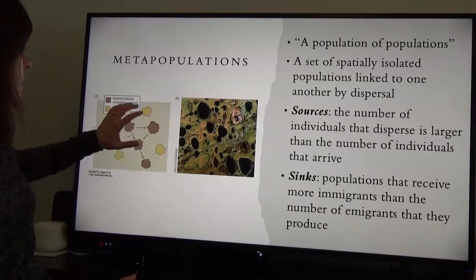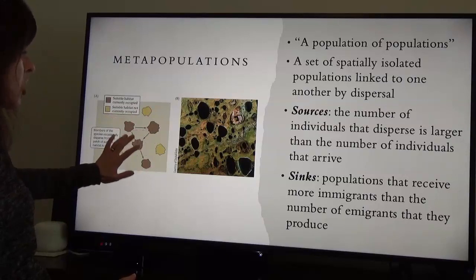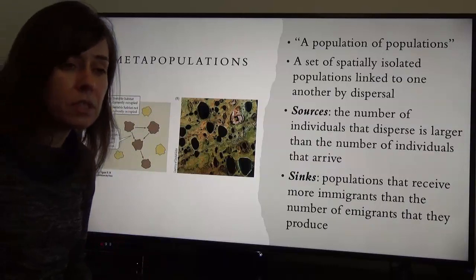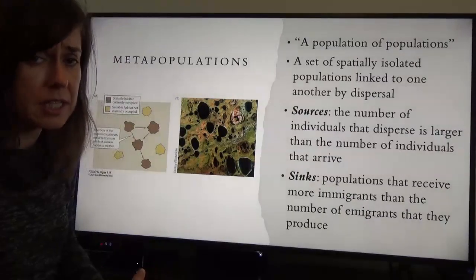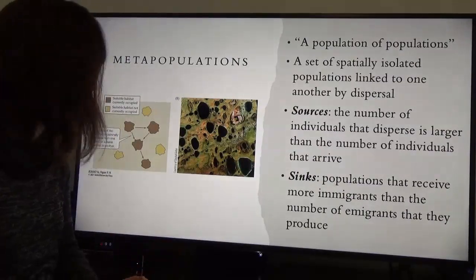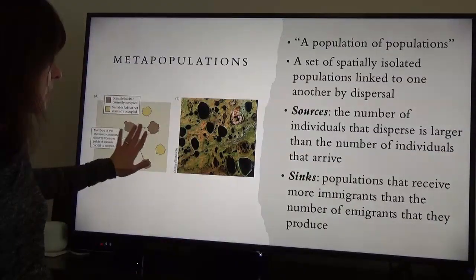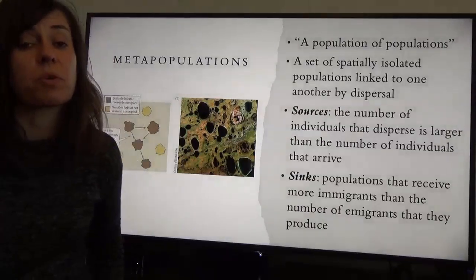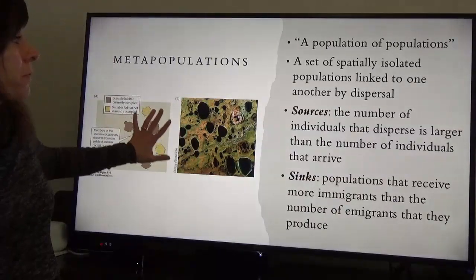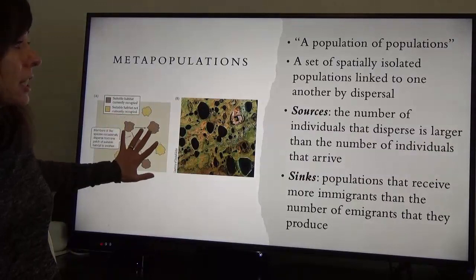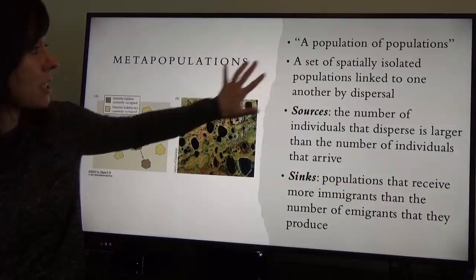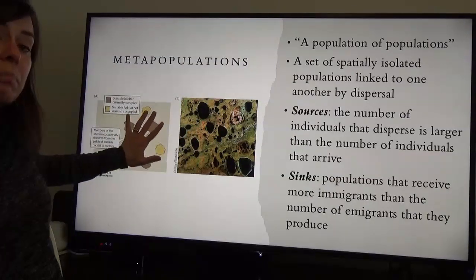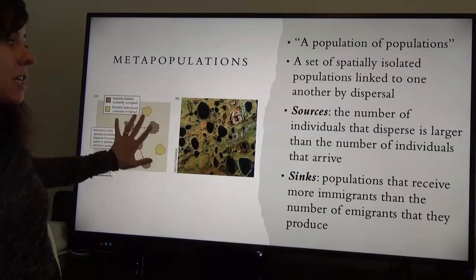And so movement of individuals from one patch to another can lead to colonization of suitable habitat that's not already occupied, or it can support the maintenance of populations that are occupied by moving individuals from one area to another. So this is what we refer to as metapopulation dynamics, or a population of populations. And so it's this set of spatially isolated populations linked to one another by dispersal. So dispersal is key in all of this.